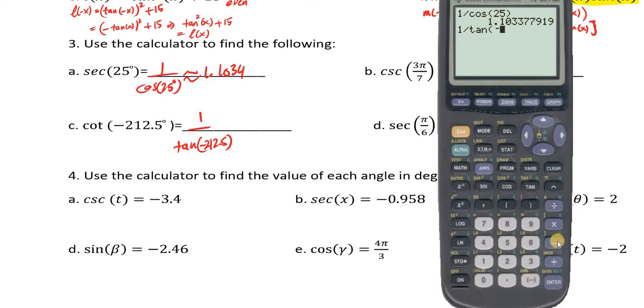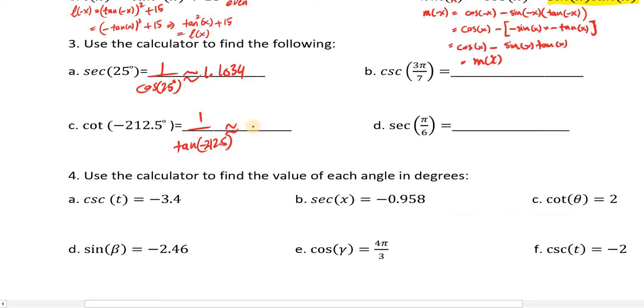This is negative, this is minus. Negative 212.5. And that will give me approximately negative 1.5697. So round it to 4 decimals. This is approximately negative 1.5697. And then I will switch to radian mode since I have radians here.